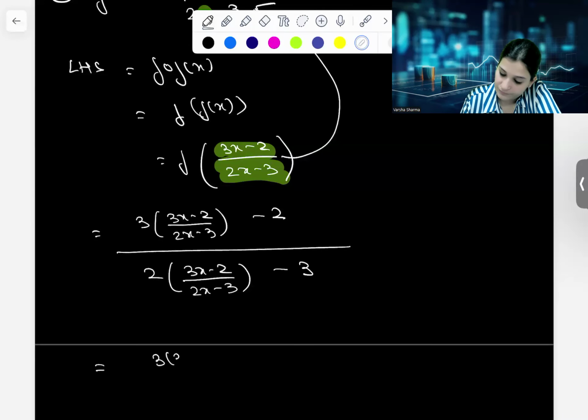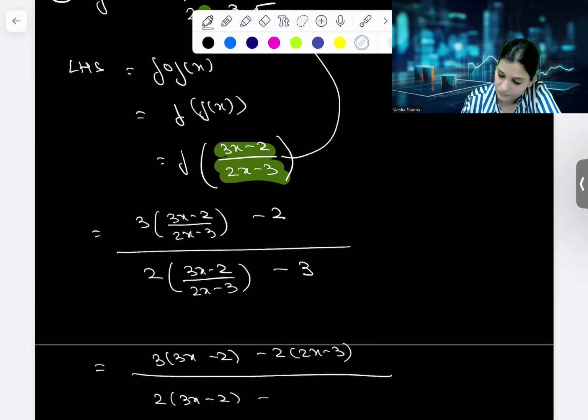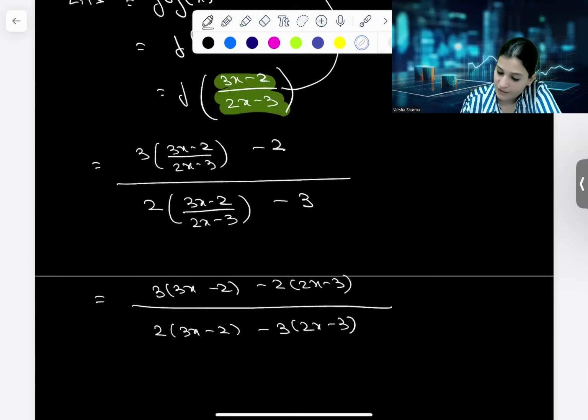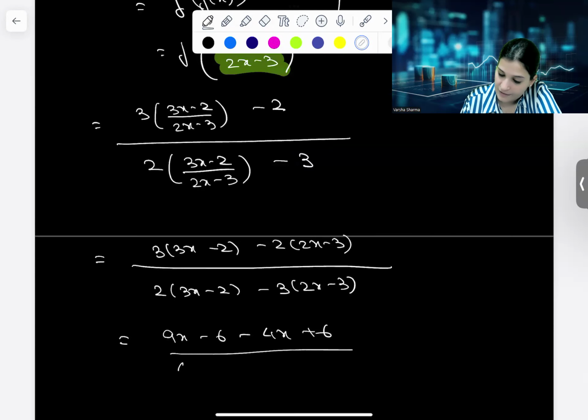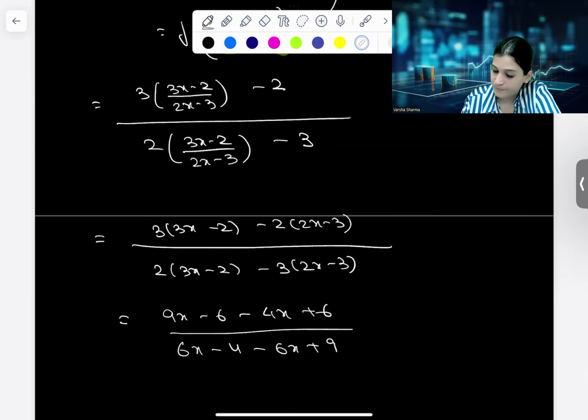Taking LCM. Both the numerator and denominator have the same LCM. That gets cancelled. Opening the brackets: 9x − 6 − 4x + 6 over 6x − 4 − 6x + 9.